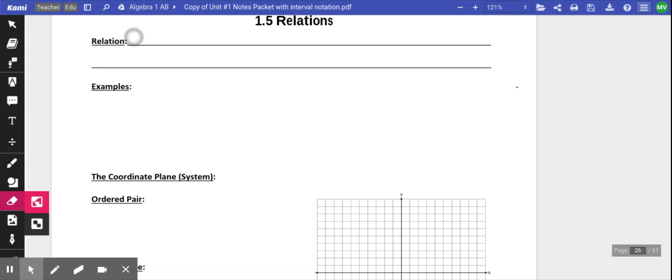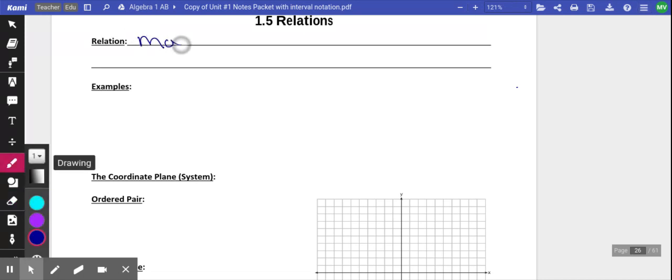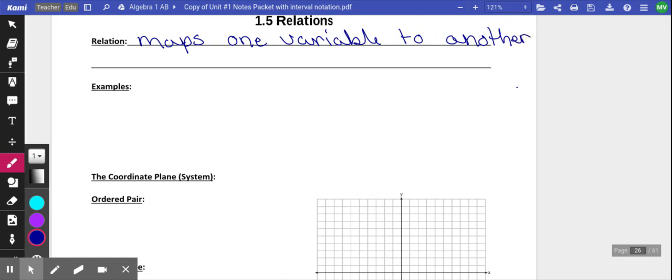So a relation maps one variable to another. And you can have relationships expressed many different ways.